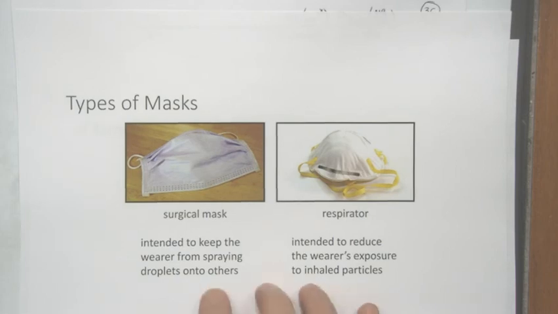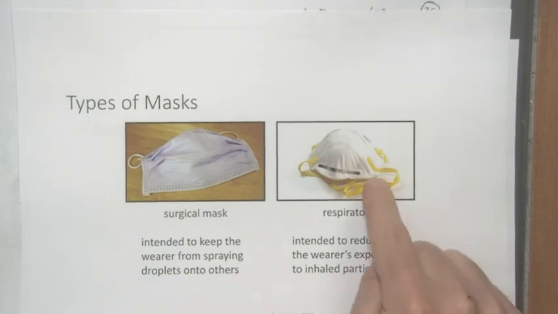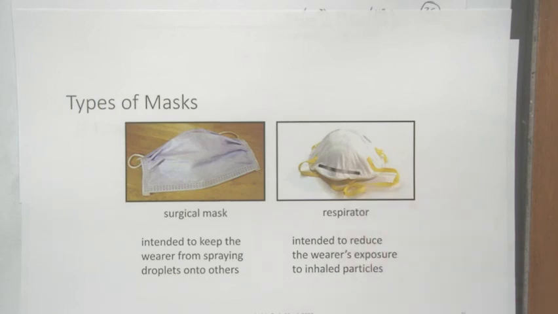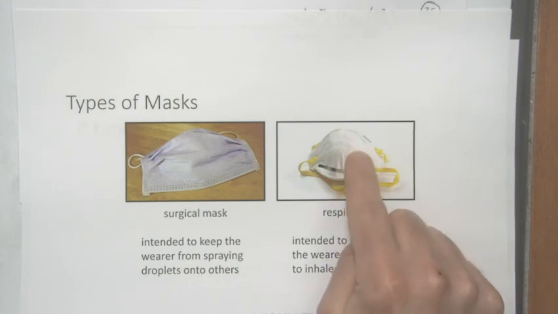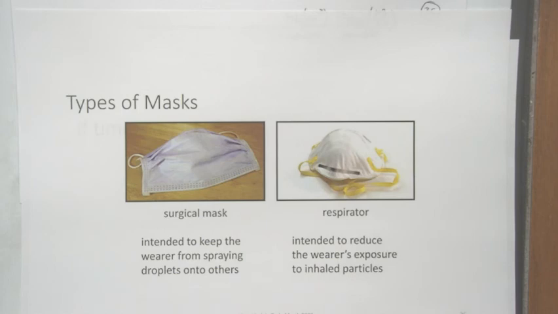And you can see their purposes. These are designed to filter out particles. And there's different types depending on how tight the pore size is. That's going to determine what kind of particles get through.